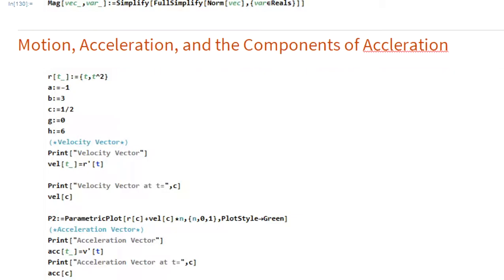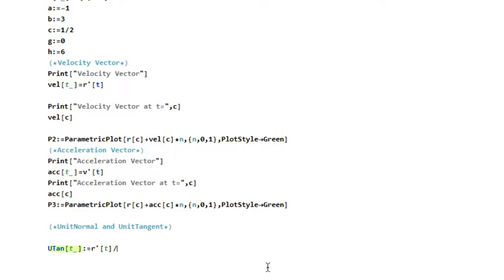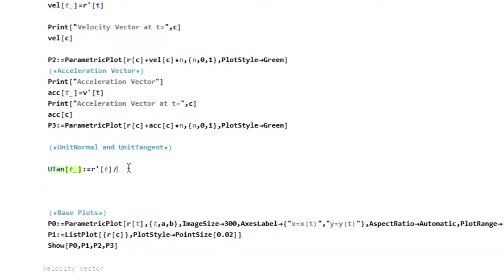Right? And it is r prime of t divided by, and then we wrote that code. And I realize now you can't see this. So let me scroll up high enough so you can see all this. All right. We're going to do the magnitude of vector r prime of t, and we're going to make sure t stays real.